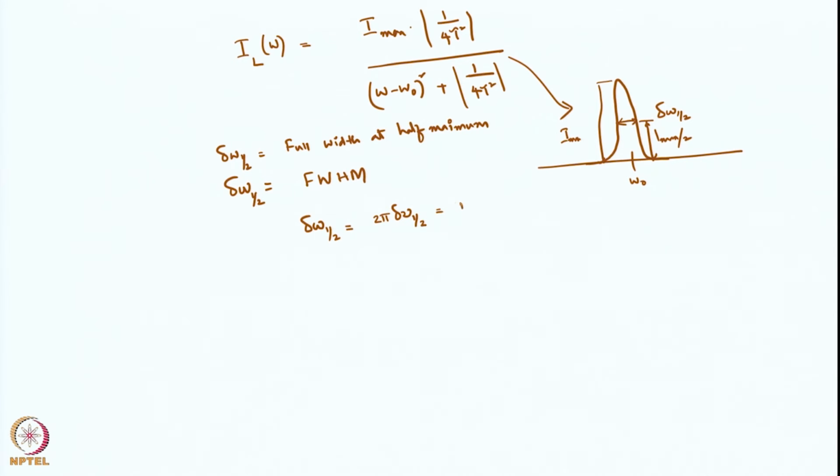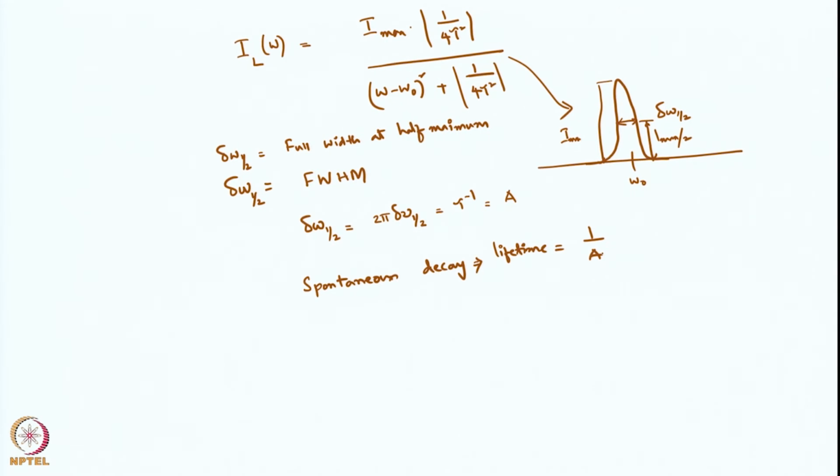This is nothing but tau inverse, which is nothing but A. We know that for a spontaneous decay process, the lifetime is nothing but the inverse of A, lifetime equals 1 over A. You can go back and check one of the earlier lectures.